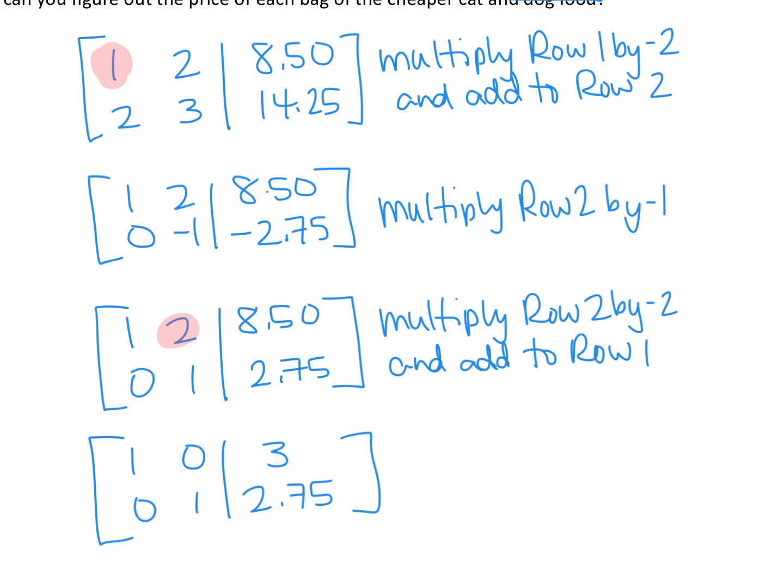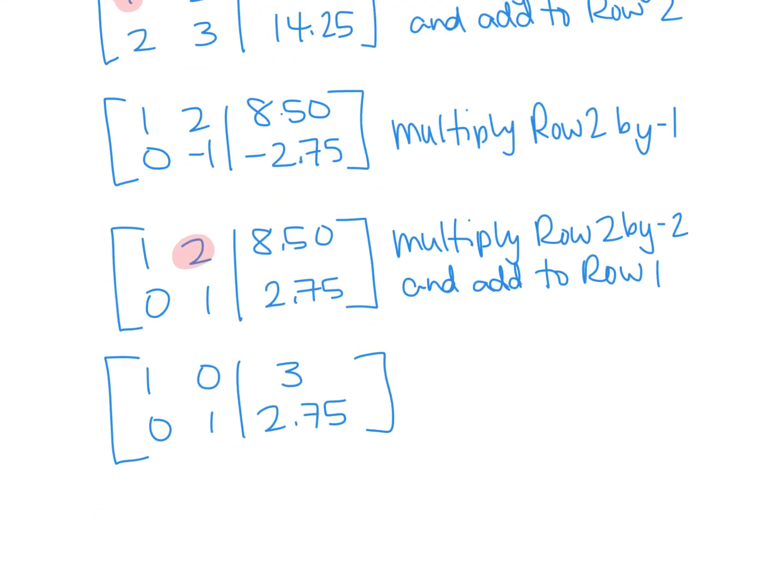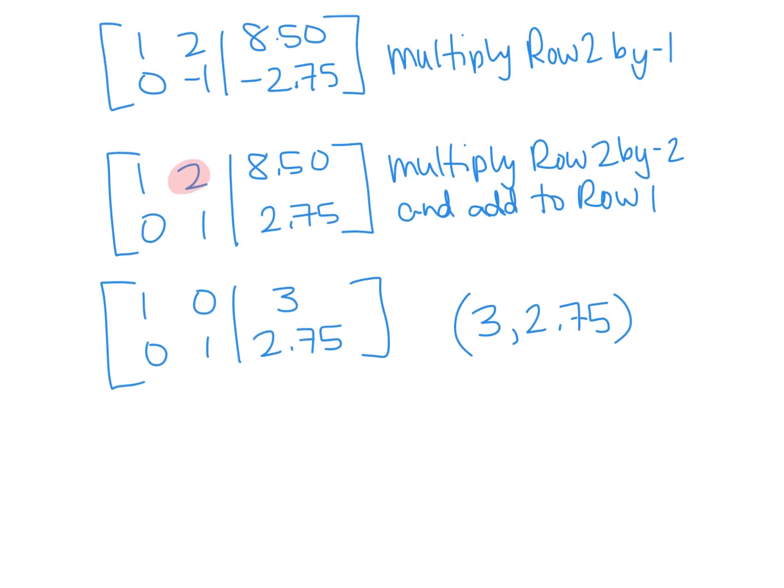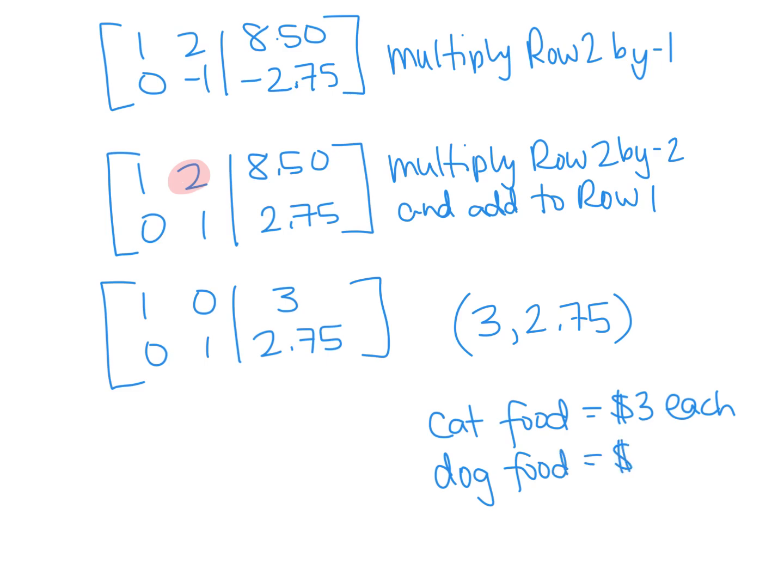And right there, we have our two answers, right? So our two answers are 3, 2.75 if we needed an ordered pair, or if we had to interpret it and say what it actually meant, we could say cat food was $3 each, and dog food was $2.75 each.